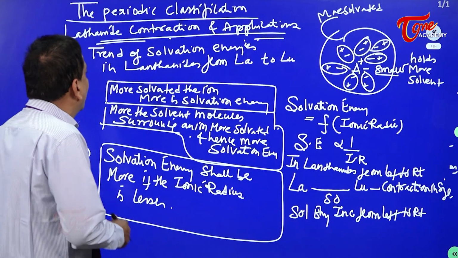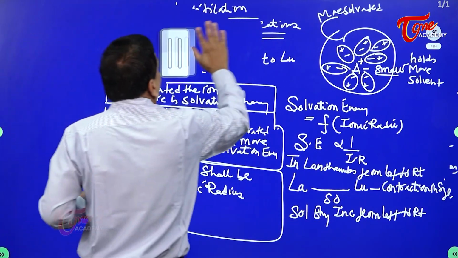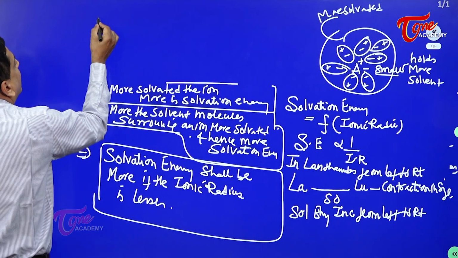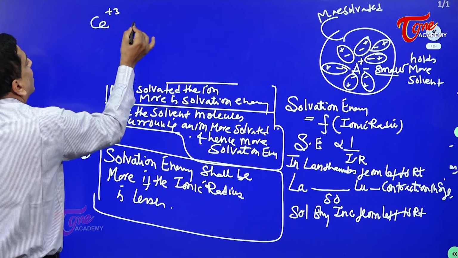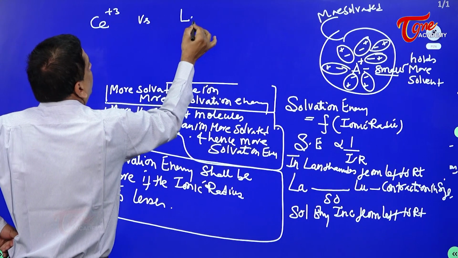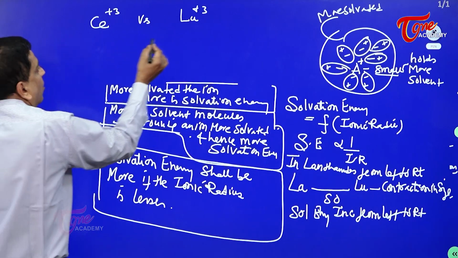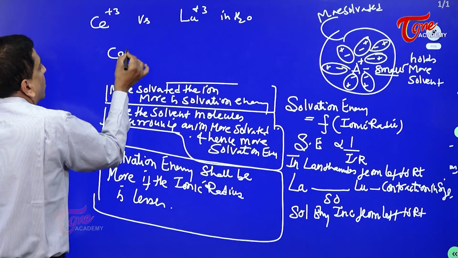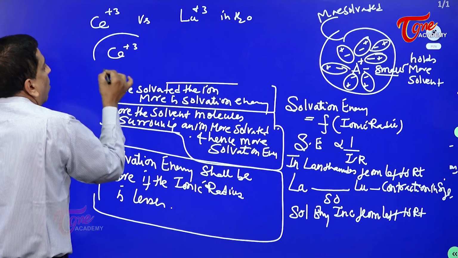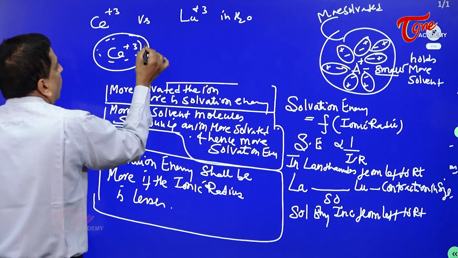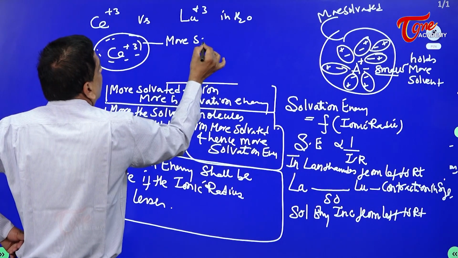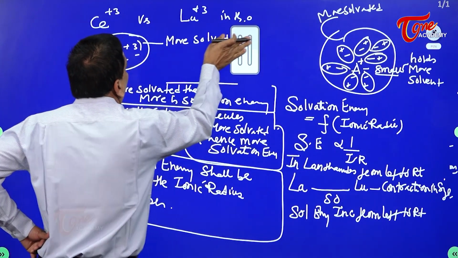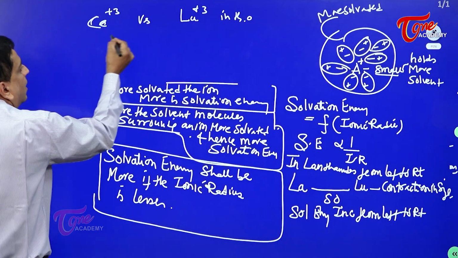Right? So if you wanted to compare cerium plus 3 versus lutetium plus 3, let's compare these two, and you drop them in water. Then for cerium plus 3, the number of water molecules surrounding this will be more. So this will be more solvated. No. The size is basically decreasing.